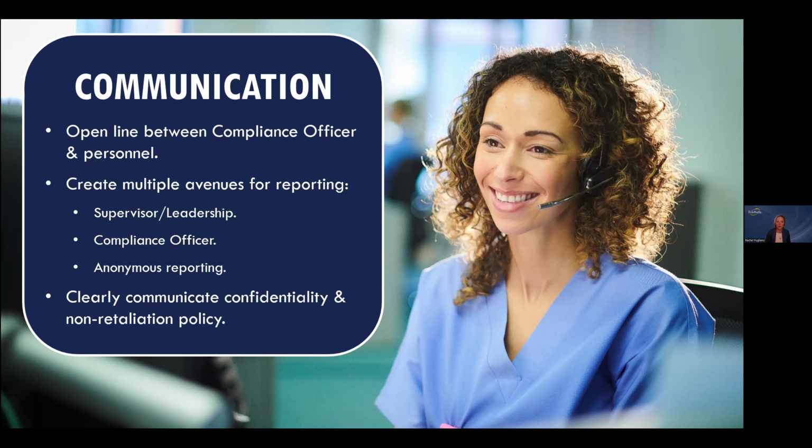I do think that having a form on the website to fill out tends to be a pretty easy addition to the website. It usually doesn't take a lot of work to build that, and then an anonymous method is pretty much built in through the website or the internet. And then again, we just really want to continually stress the confidentiality for the individuals that bring the concerns and the non-retaliation policy.